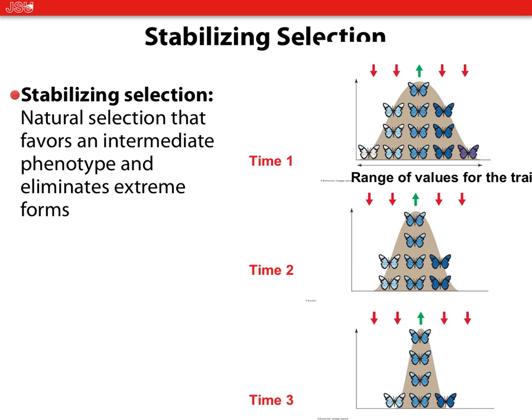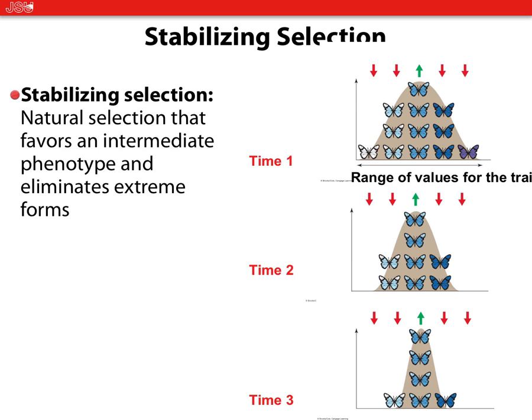The trees were a lighter color, and there's a variation in the moth coloration, and because of coal-burning plants or factories, the trees became darker. The darker moths, which were rarer before, had an advantage because they were not seen on the darker trees. Then that phenotype was selected for, and the normal moths became more apparent on the trees and were selected against.